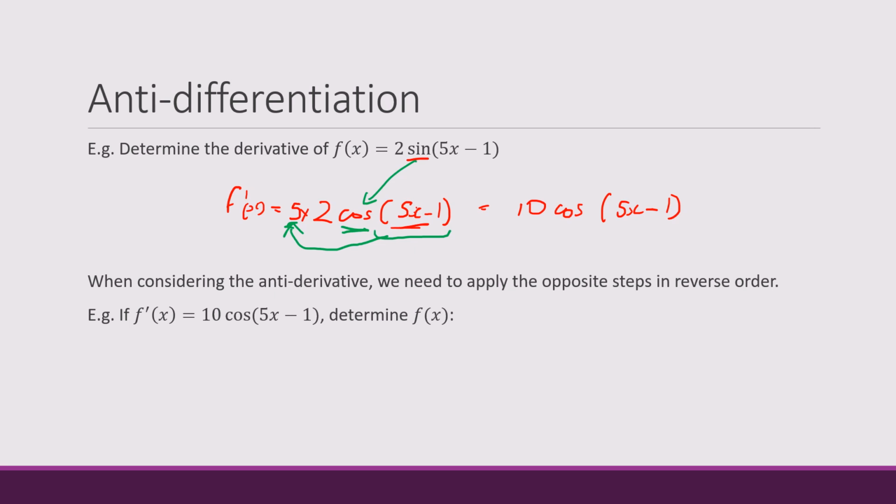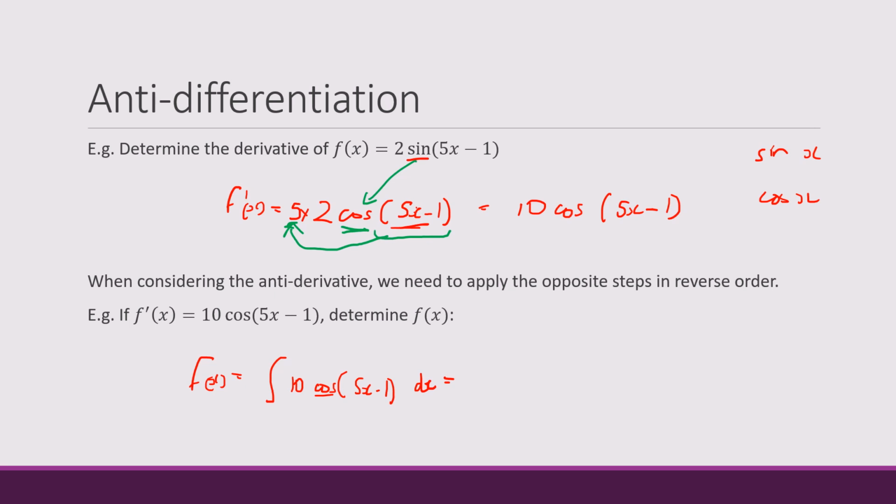When we want to anti-differentiate this function, f of x is the integral of 10 cos 5x minus 1 dx. First of all, the cos has to change to a sine.